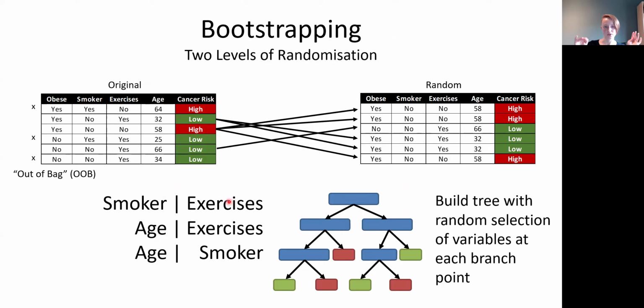We just choose between those 2. We can't choose age or obese at this point. And then maybe at the next one, we can only choose between age and exercise, and then we can only choose between age or smoker. This just adds another level of randomization within our random forest, which hopefully makes it more robust at the end as well.